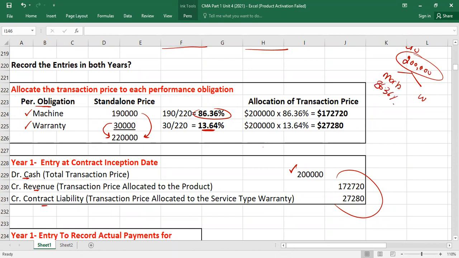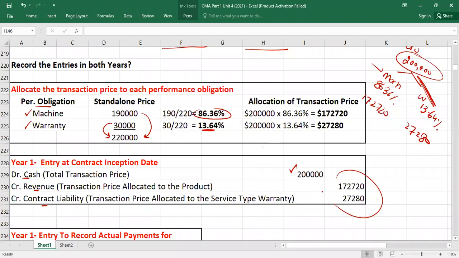86.36% of this transaction price we will take to the machine, and this is going to be 172,720. And 13.64% of this transaction price should be taken to the warranty, and this is going to be 27,280. Understood?